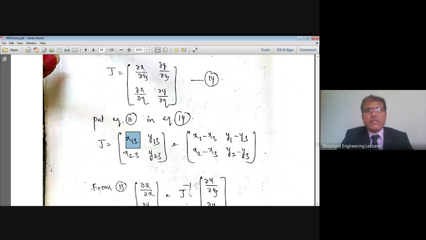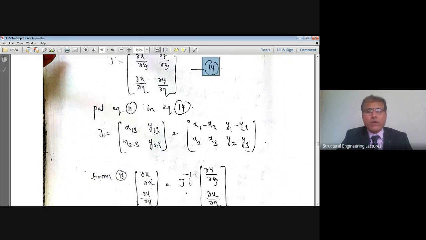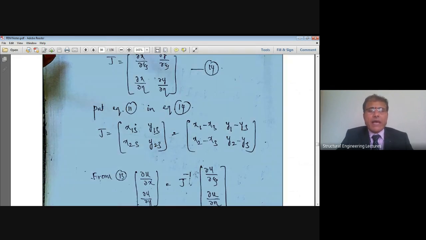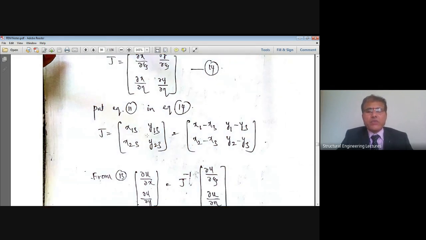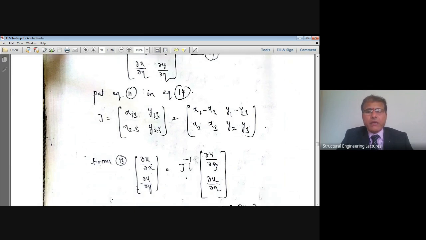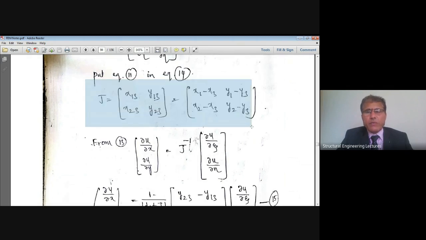Similarly, you differentiate that x with eta. What you do have is x23. Similarly, dou y by dou xi, from that equation 11, I do have only y13, dou y by dou eta, y23. Therefore, substituting those differentiations in this equation 14, I do have the Jacobian given by x13 y13, x23 y23, first and second rows respectively, right? Means x1 minus x3, y1 minus y3, x2 minus x3, y2 minus y3.